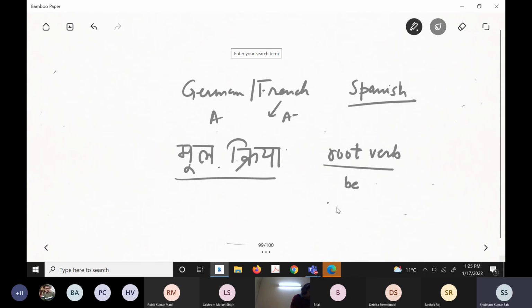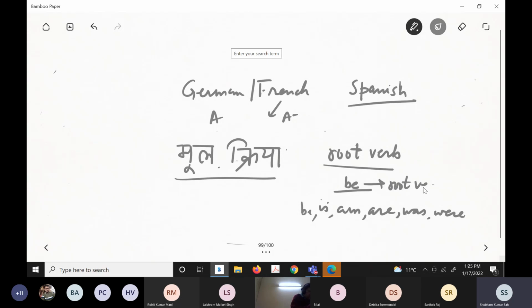In Hindi, you can also find that. Like gaya, gai, changing, but the main thing is gaya, the Mool Kriya. Be is this. Here is, am, are, was, were. These are different forms of be, but this is the root verb.